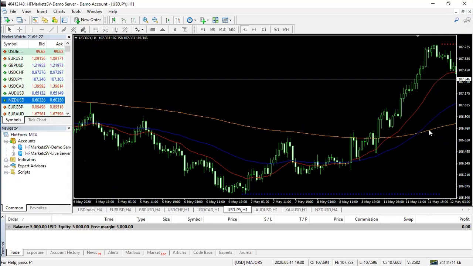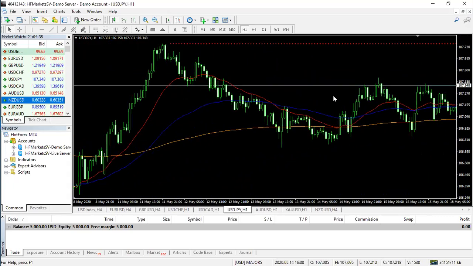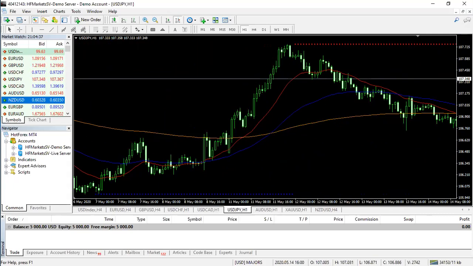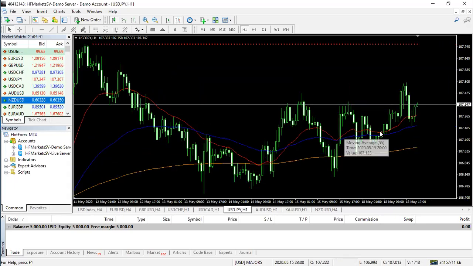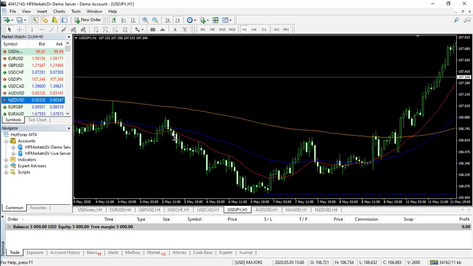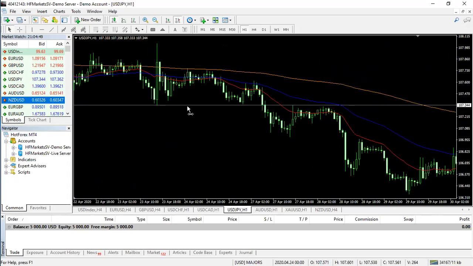If it breaks out or they cross, it means the trend is likely changing, but you can see the downside of it. They crossed, they crossed, then we have this. You can see them coming back. So they're not the best, but there is a simple trading strategy.